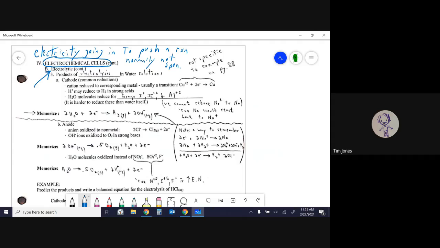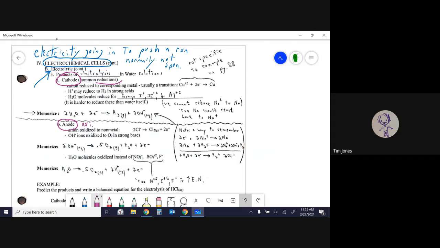So putting electricity in, we want to see what's going to happen. So first, notice I have separated the cathode from the anode. And again, at the cathode, it's going to be reduction. At the anode, it will be oxidation.